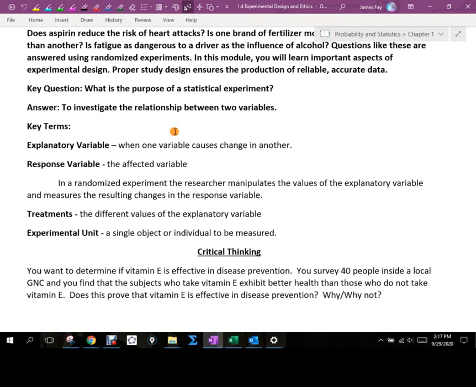If I'm trying to determine whether fatigue is as dangerous as the influence of alcohol, maybe I set up some scenarios that would be safe. I don't want to harm any of my experimental units, my individual people, but I would set up an experiment that mentally or physically fatigues people, and then run them through some type of fine motor skill assessment.